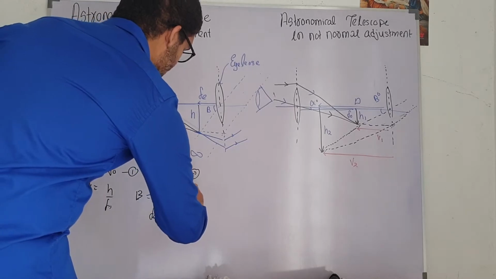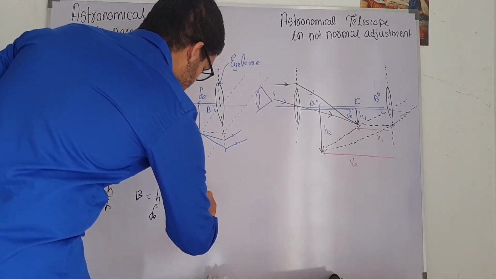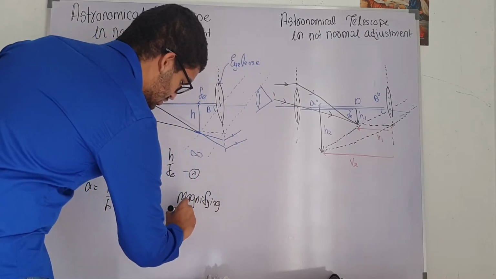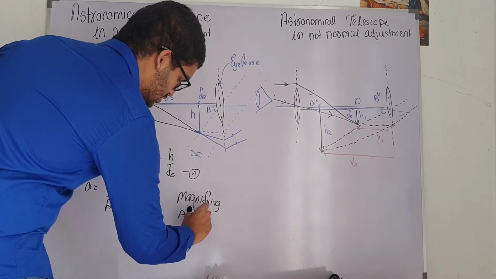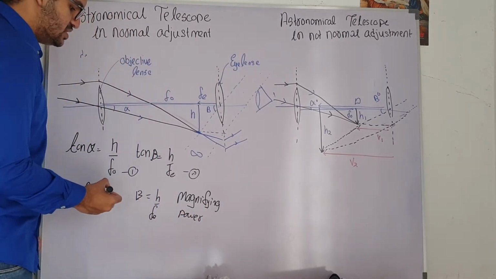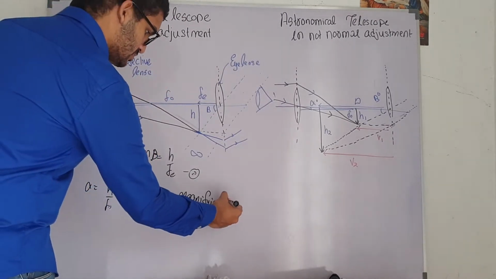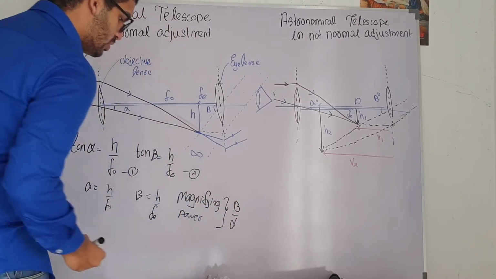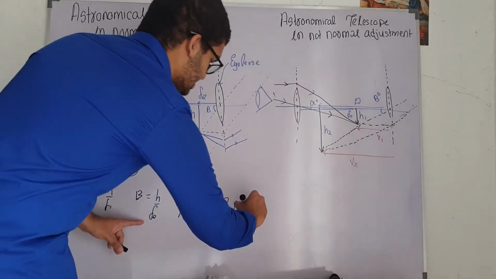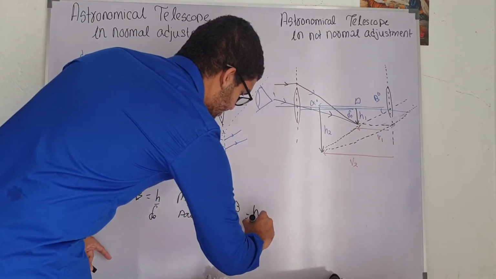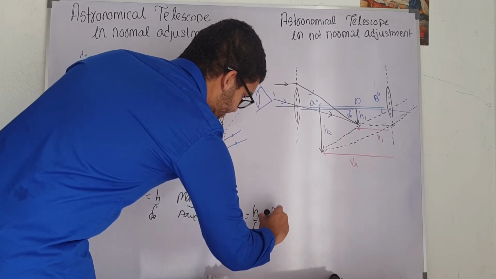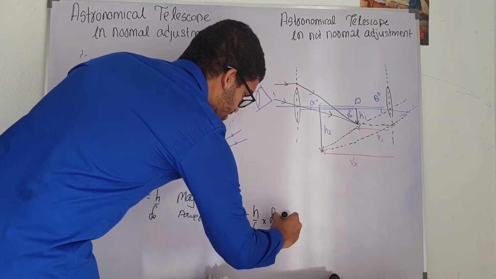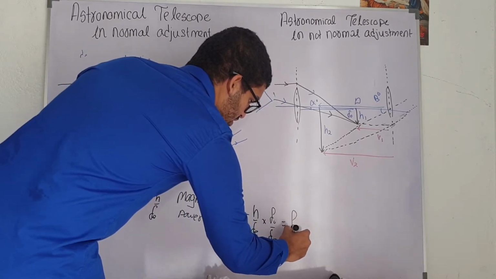So when we consider beta by alpha, what we get is h over fe, and reciprocal, f naught over fe, equals f naught over fe.